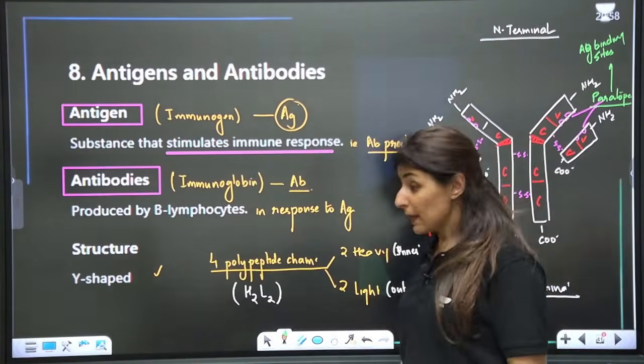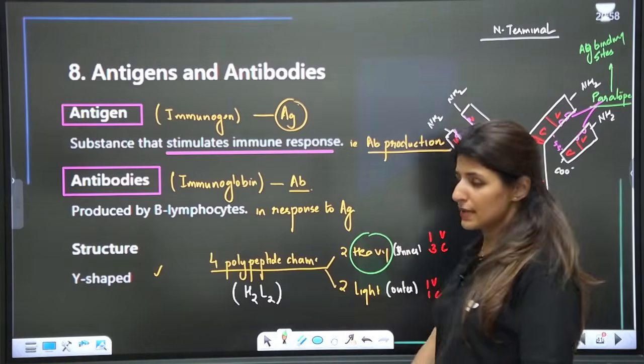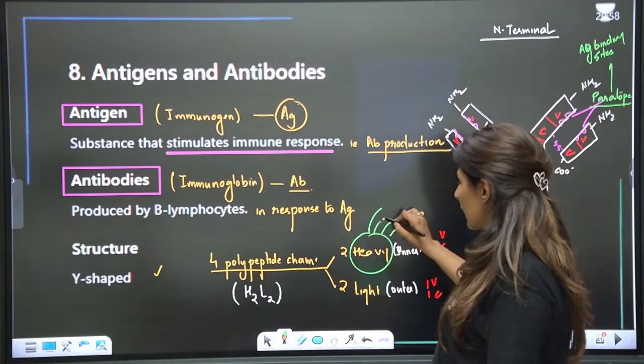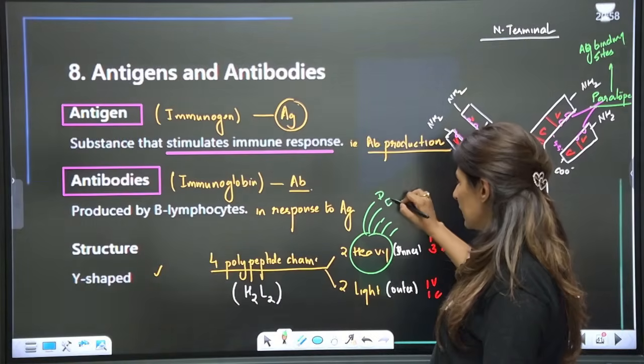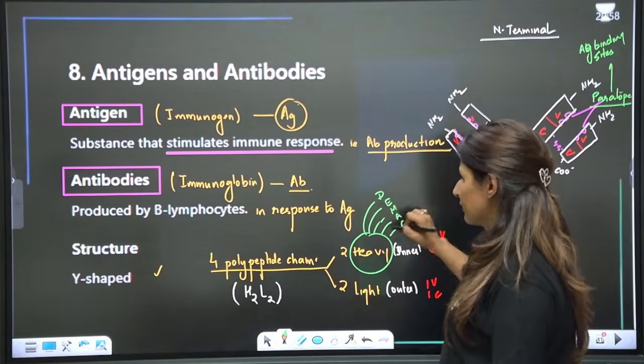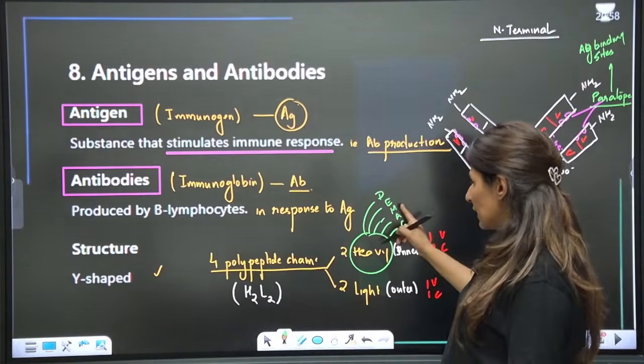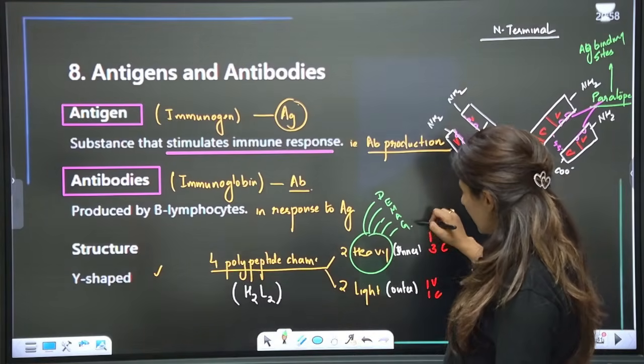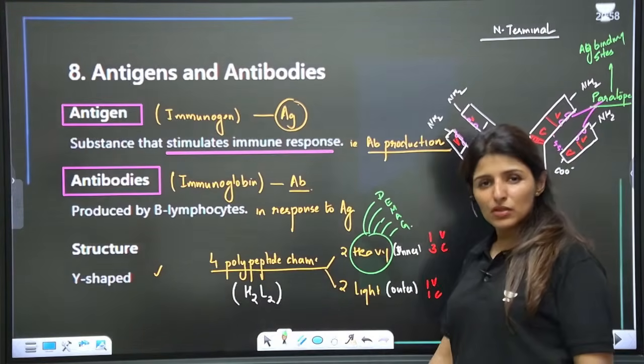Now, based on these heavy chains, we have 5 different types of antibodies: D, E, M, A, G. Delta, epsilon, mu, alpha, and gamma.